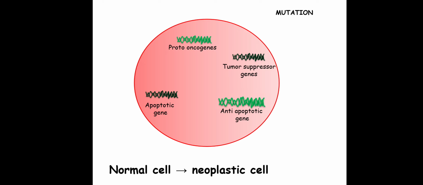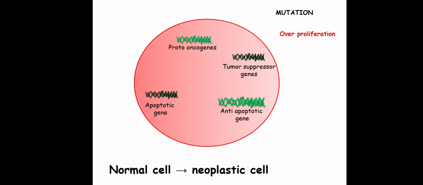So, what should happen? First of all, in proto-oncogene there should be a gain of function, and in tumor suppressor gene there should be loss of function. And when this happens, it will lead to overproliferation, isn't it? Because proto-oncogene is overstimulated, it will cause overproliferation, and tumor suppressor gene cannot control it.